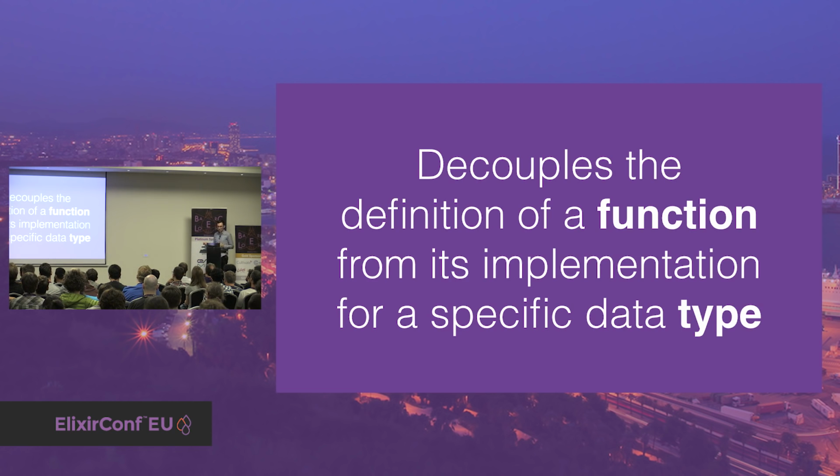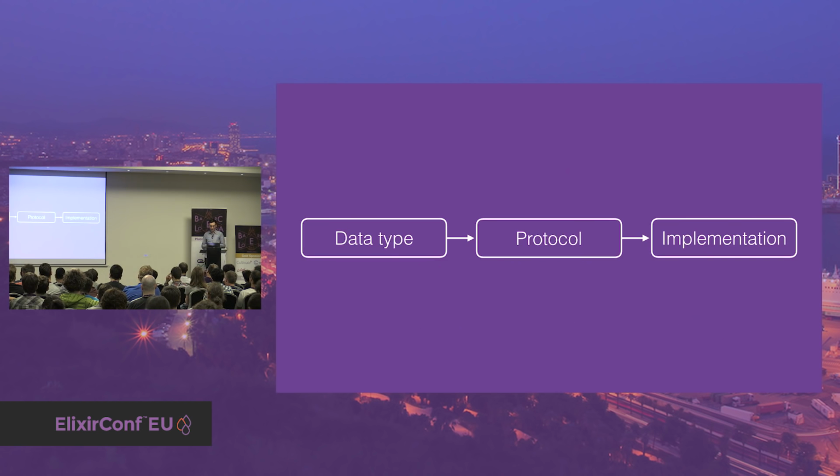And what a protocol does is it decouples the definition of a function from its implementation for a specific data type. So we'll walk through what that means. Basically, before, when we had our data, which went directly to a function, a protocol puts an intermediary step in between there.